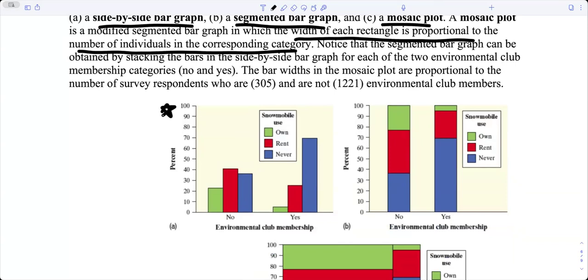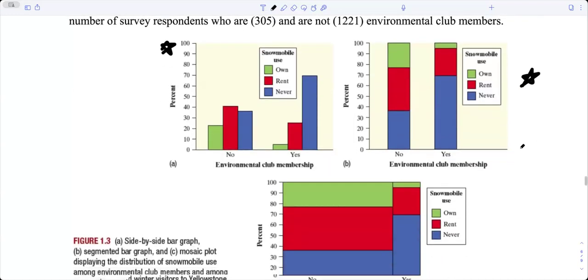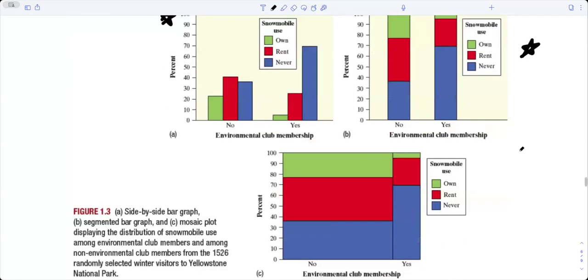This is side-by-side. All right, we've got a segmented. And then we have what's called a mosaic plot, which is a type of segmented bar graph. But what they're saying is the width of each of the bars corresponds to the other categorical variable, okay, the percentages. All right.